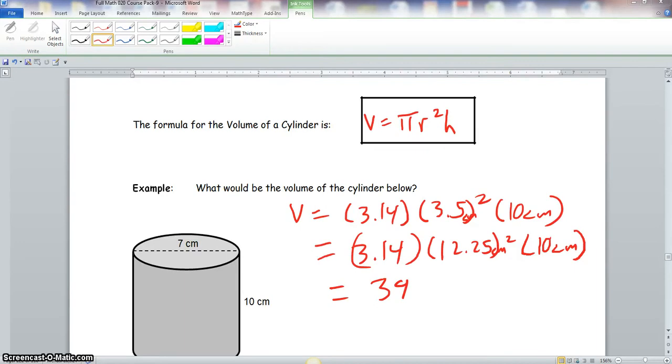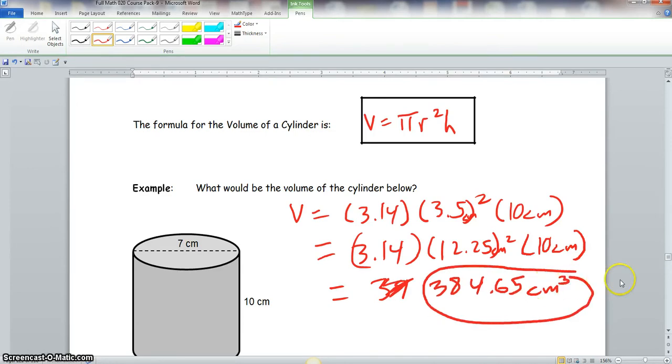I guess I didn't type in my calculator. 3.14 times 12.25 times 10. That would actually give us 384.65 centimeters cubed. That will be our final answer here.